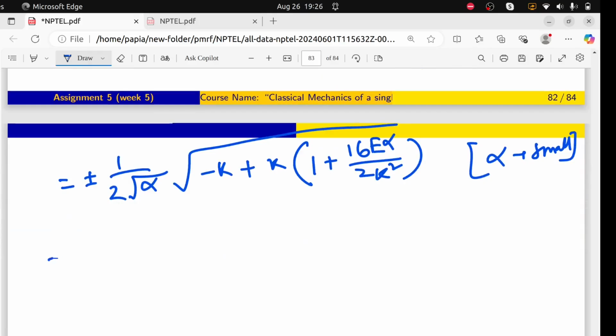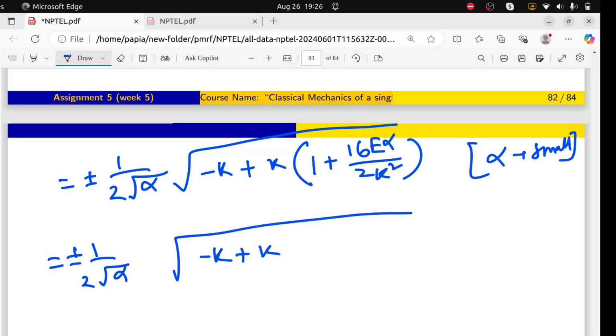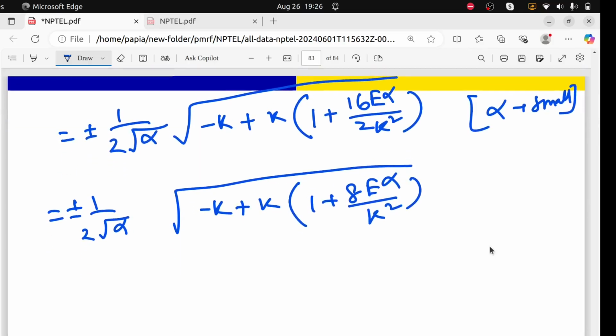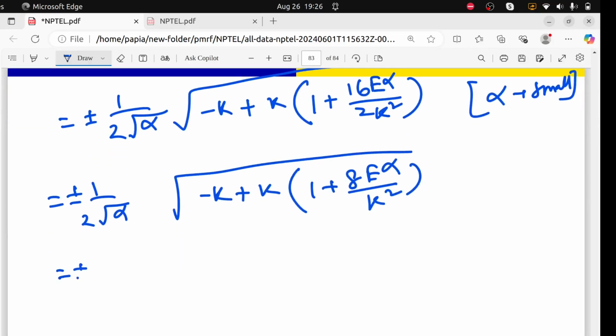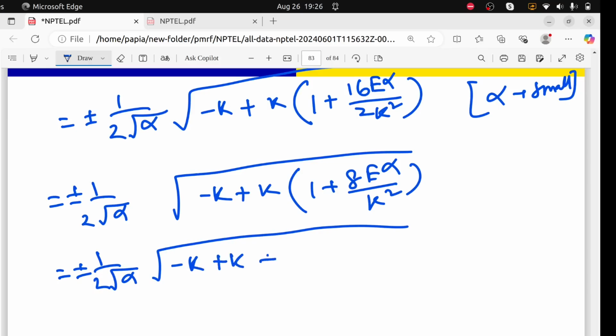So I can have plus minus 1 by 2 root alpha root over minus k plus k into 1 plus 8 e alpha by k square. So it is like 2 root alpha minus k plus 8 e alpha by k.